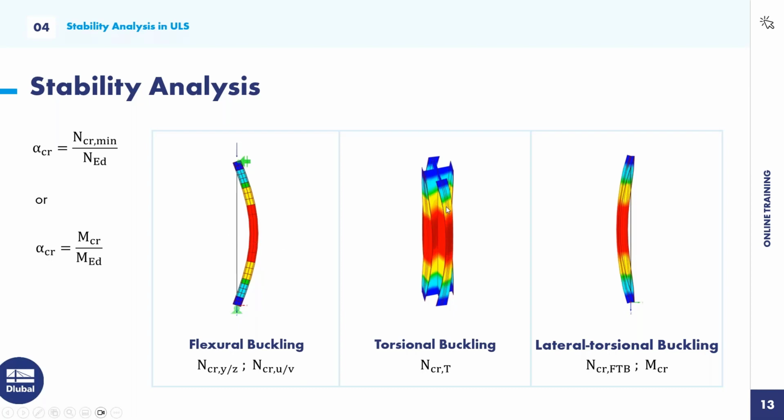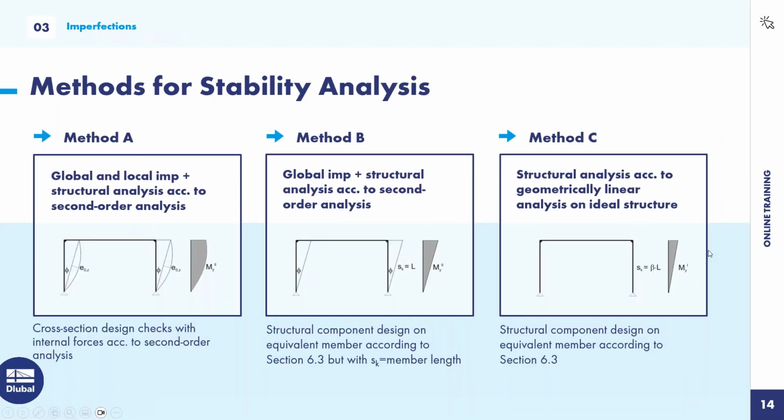Then the torsional buckling in pure tension, and the lateral torsional buckling as a combination of the two previous proofs. So then the next slide is also very important. There are the different methods for the stability analysis.